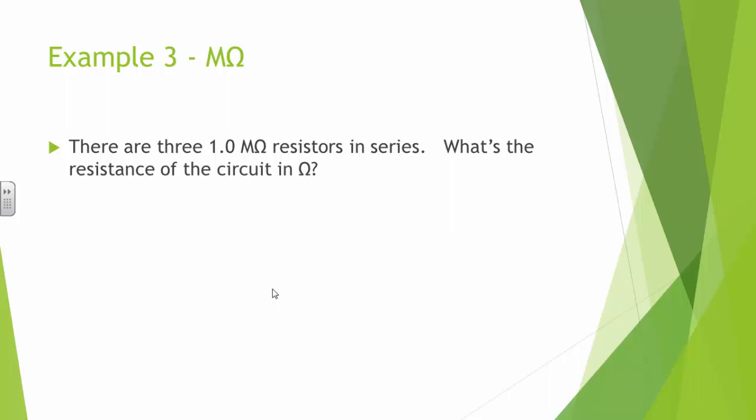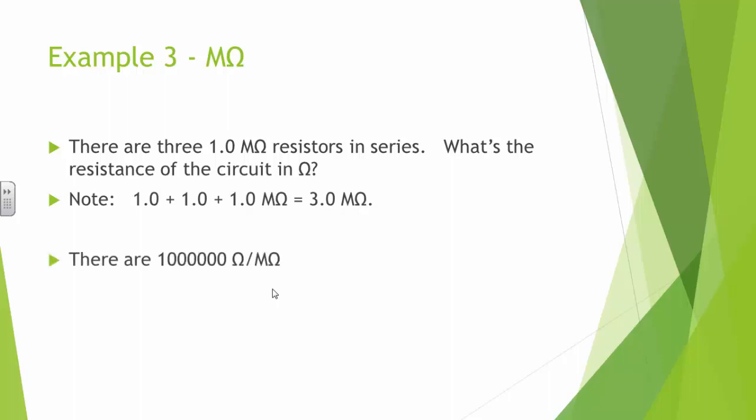First off, we use the resistors in series equation to get 3.00 mega ohms. And then we need to realize that there are 1 million ohms in every mega ohm. Multiply by 1, so multiply by 1 million ohms per mega ohm. We can see that the mega ohms cancel, and we get 3 million ohms.